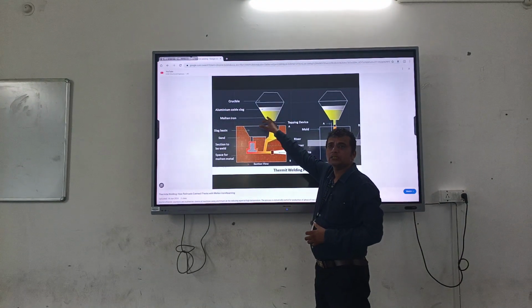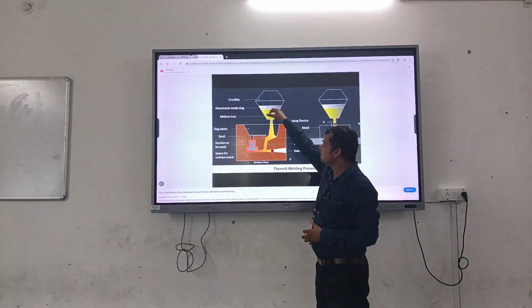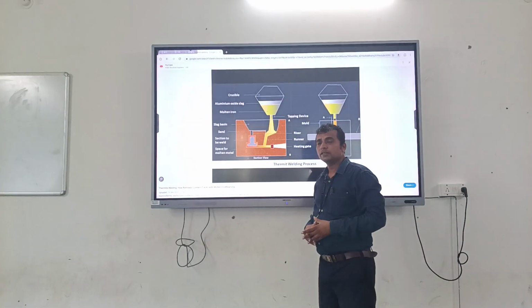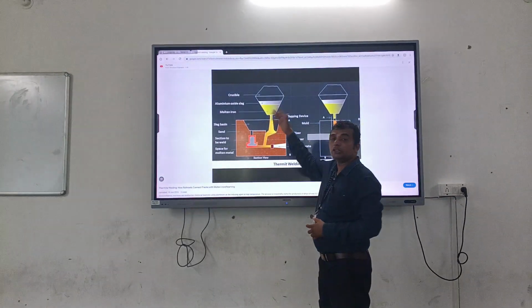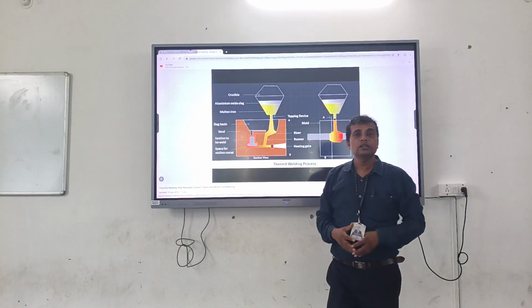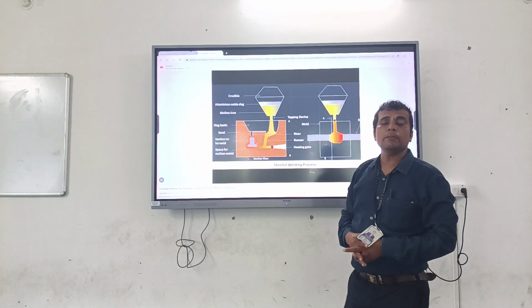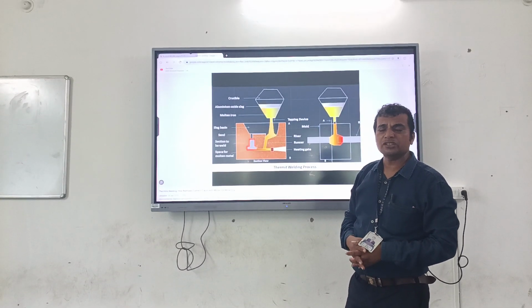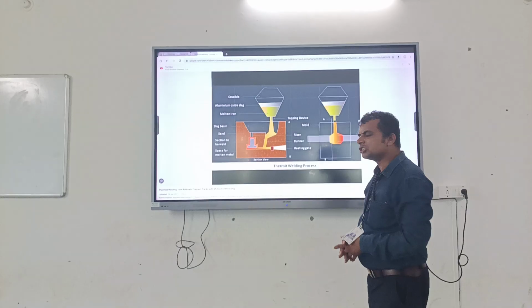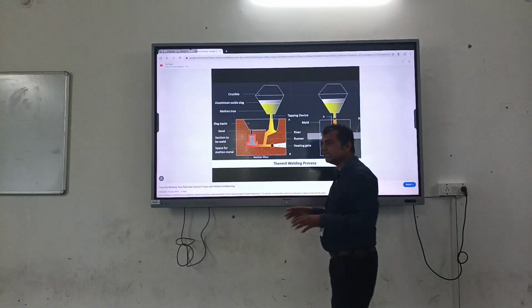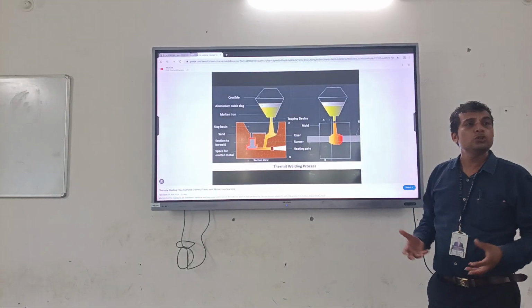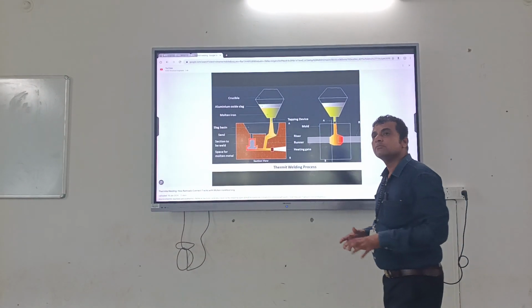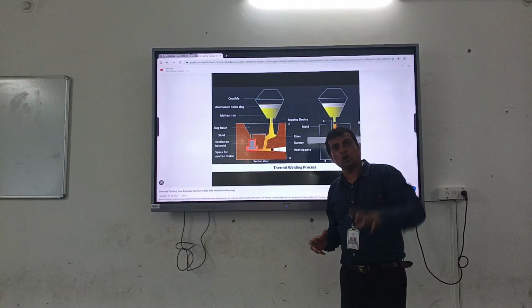Adding sodium salt to this thermit mixture, the chemical reaction is performed and 35 kilojoule per kg, a tremendous amount of heat, is generated. Such a tremendous amount of heat in the form of an exothermic reaction is utilized to weld large thick jobs.